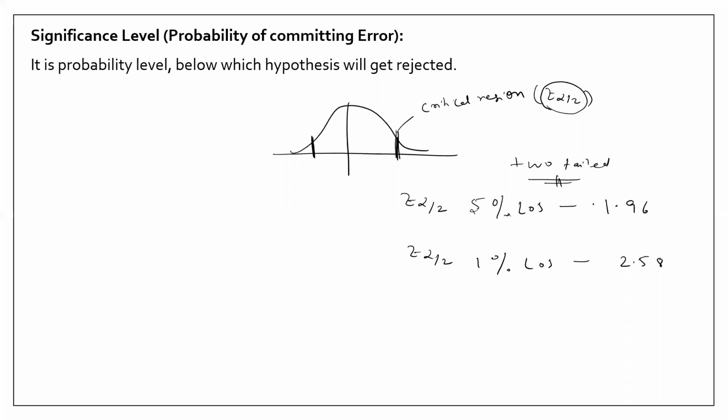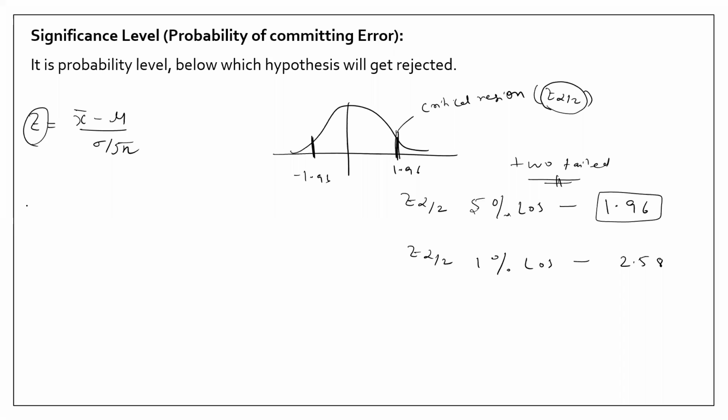So what will happen now? This 1.96 is this particular line. On this side, this is also 1.96 with a negative sign. Now we have to first find the Z value with this formula, which we call the standard normal variate. We have seen this formula enough.